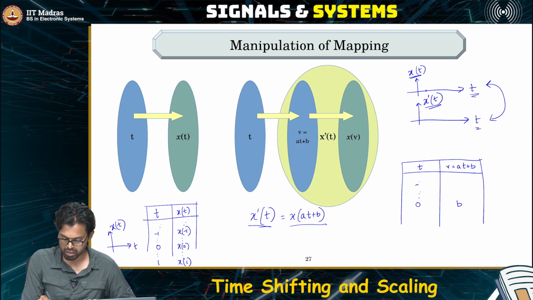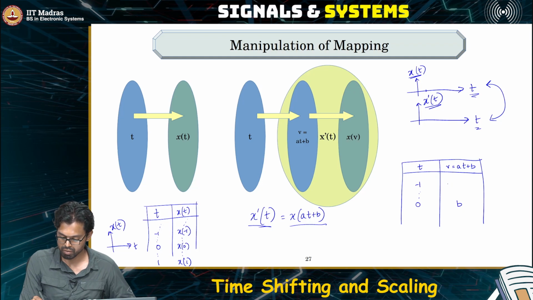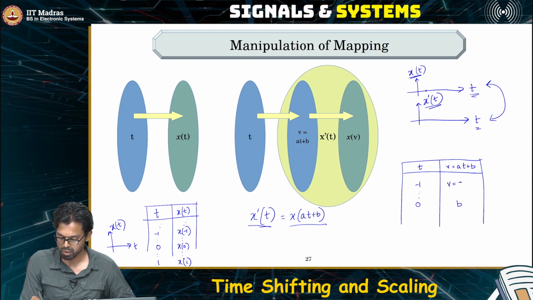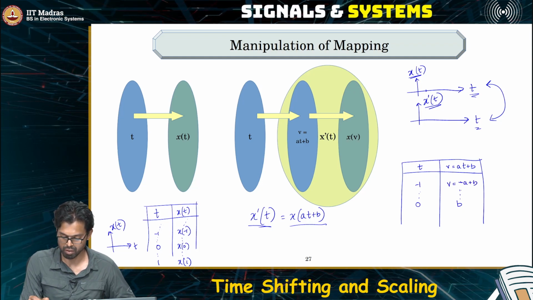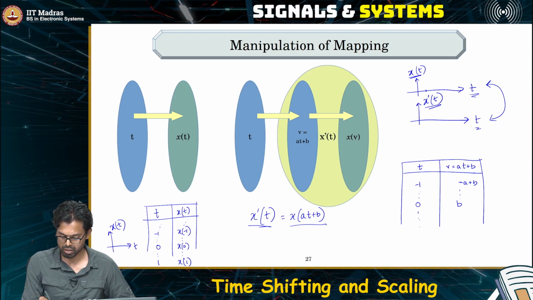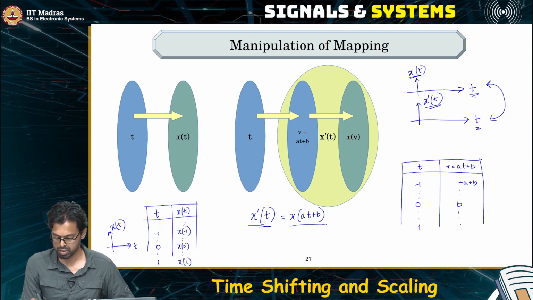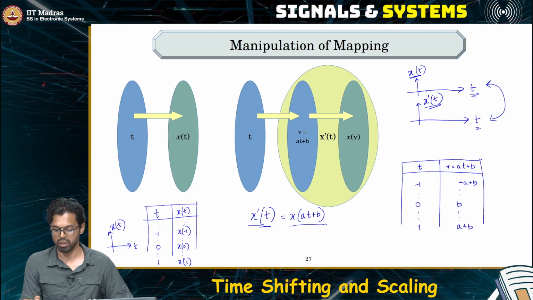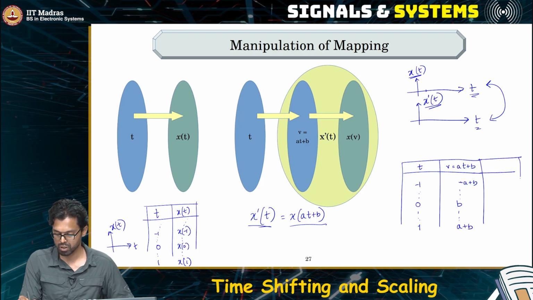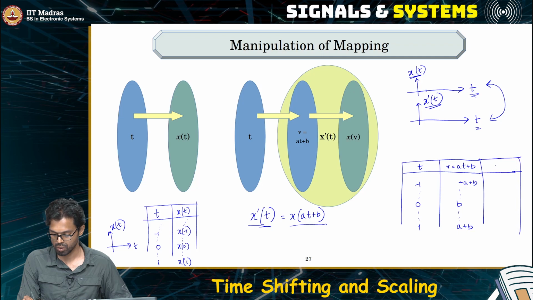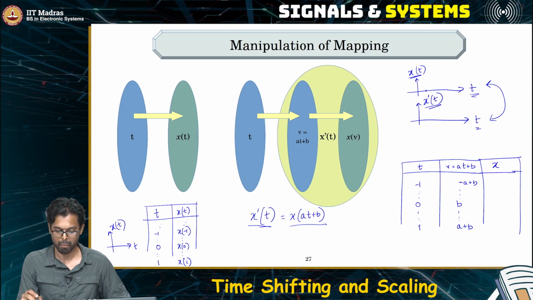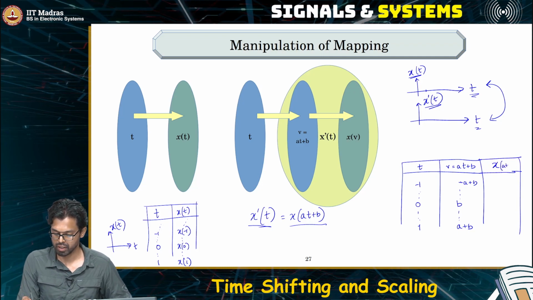Let's say at t equal to minus 1, it is minus a plus b, right? And then at t equal to 1, this is equal to a plus b, and then you compute your x of at plus b.